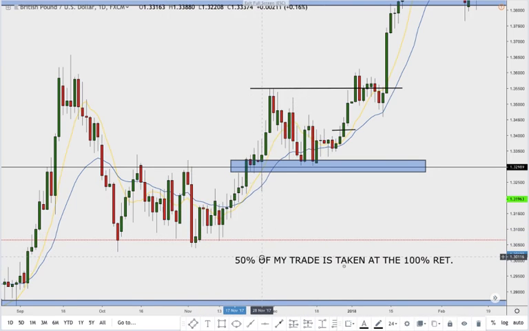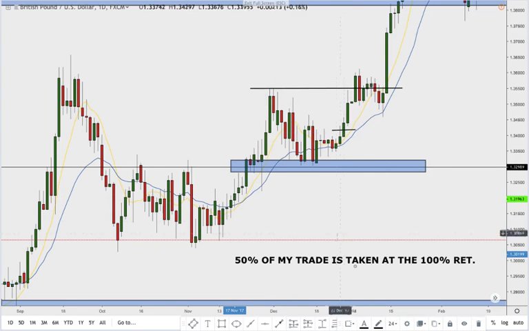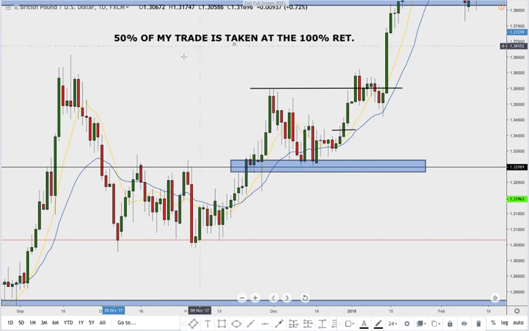If we buy here, the 100% retracement is here. Don't forget, this is from here to here. So I'm going to take out my trade at this top place here. 50% of my trade comes out here.